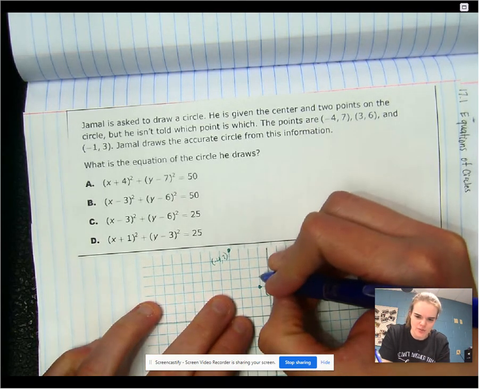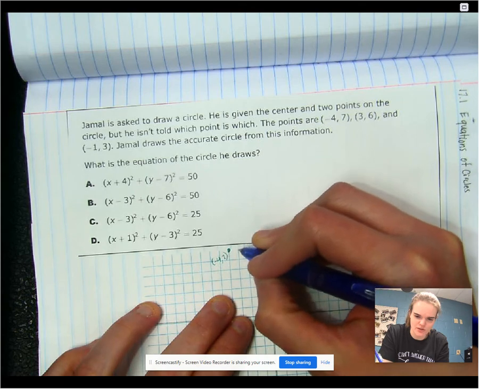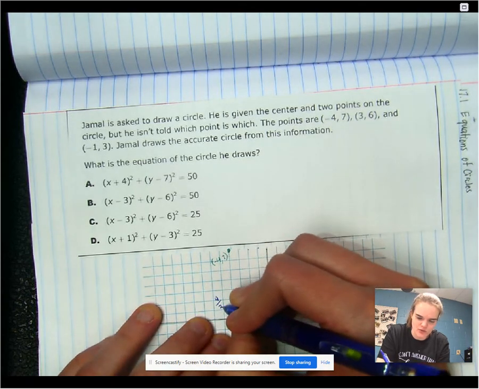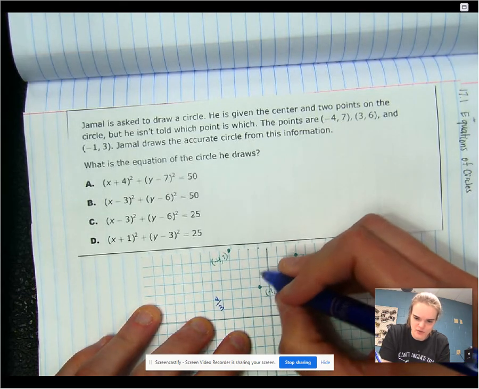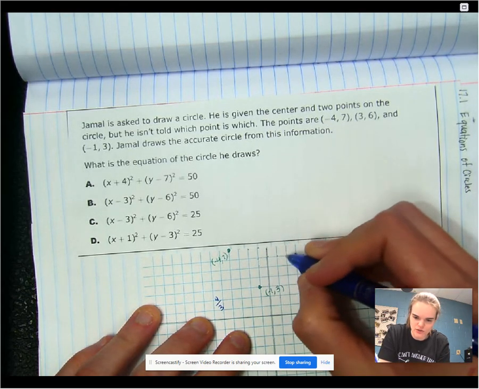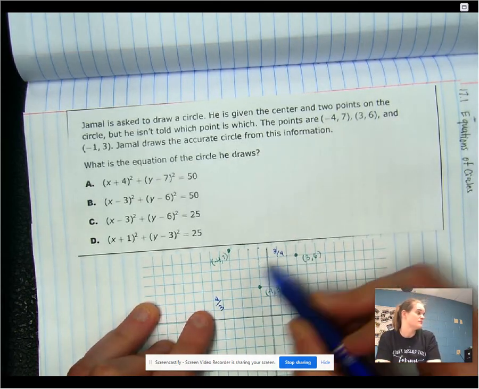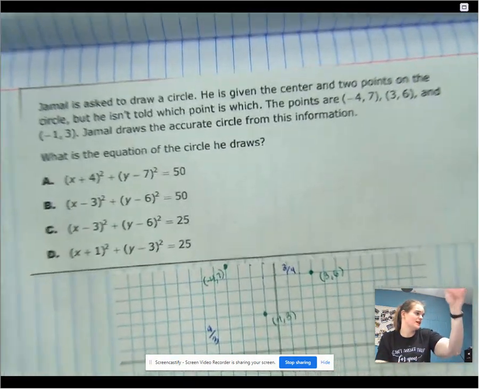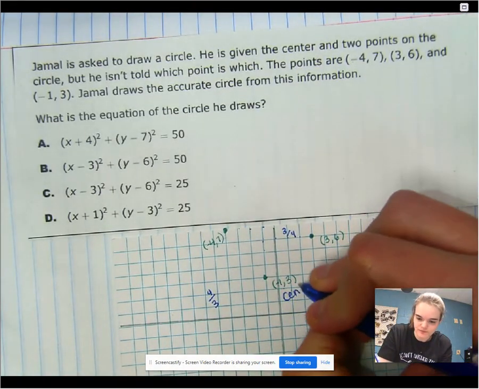So this goes up 1, 2, 3, 4, so it goes up 4 and over 1, 2, 3. So it's like up 4 over 3. If this is up 4 over 3 or up 3 over 4, it's going to be the same distance. 1, 2, 3, 1, 2, 3, 4. Oh, that's 3 over 4. Since these match, in the distance formula, the radius would be the same distance from these points. So this is actually the center.